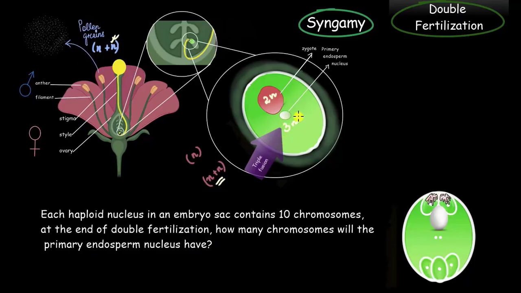So this is the primary endosperm nucleus. What do you think? How many chromosomes will the primary endosperm nucleus have at the end of double fertilization? Pause the video for a while and try to find out the answer.